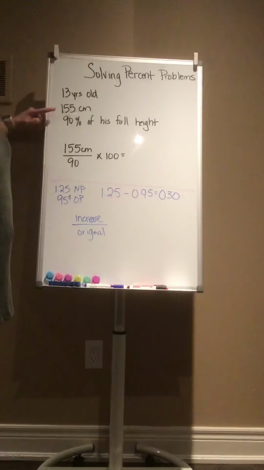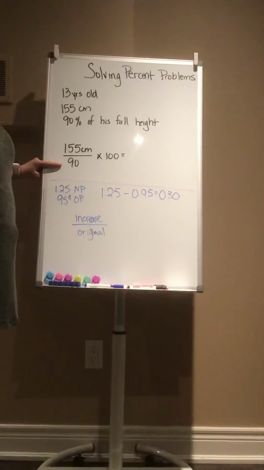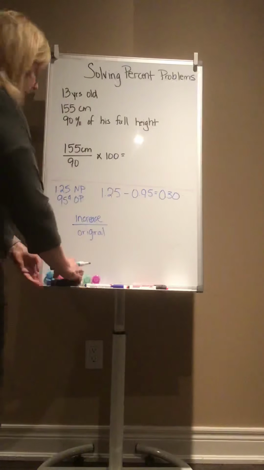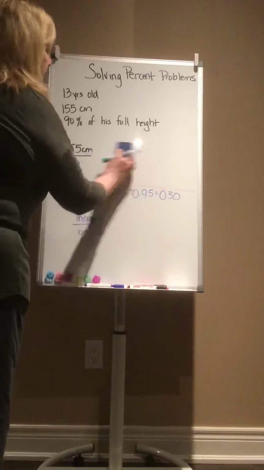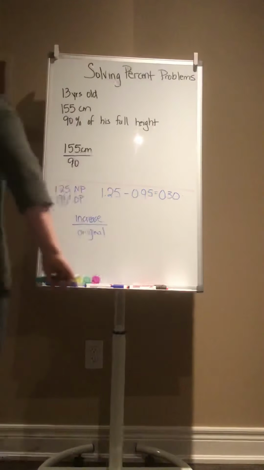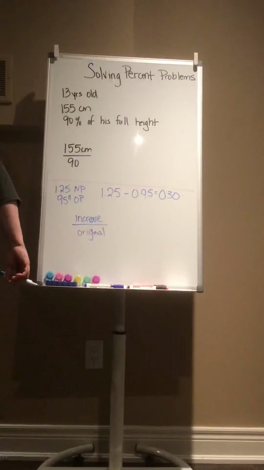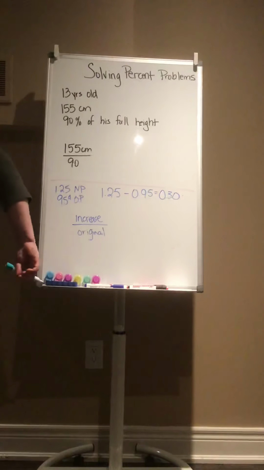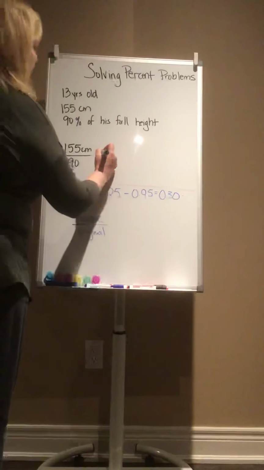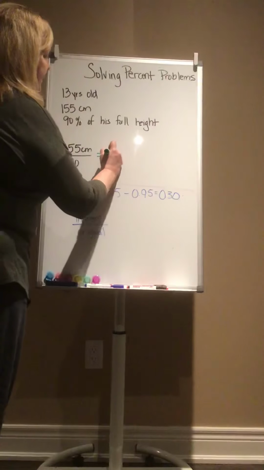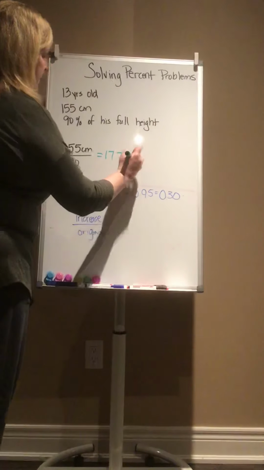So we take his height now, which is 155 centimeters, and we divide by the percentage tall he is now, which is 90. And I'm going to get rid of this times 100 for right now. So 155 divided by 90 gives me a total of 1.72.